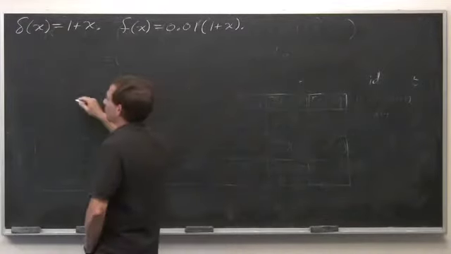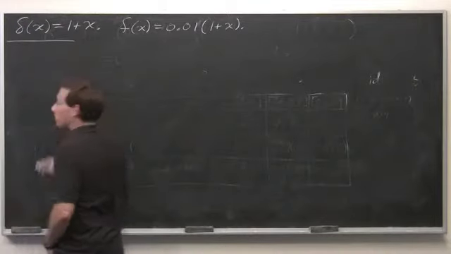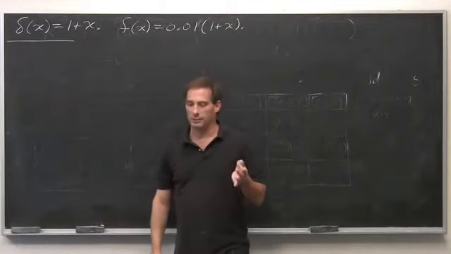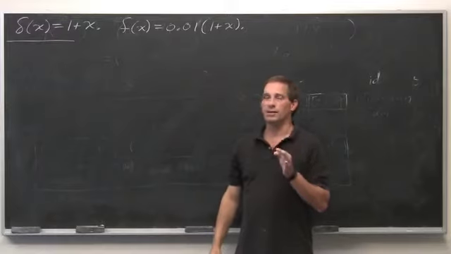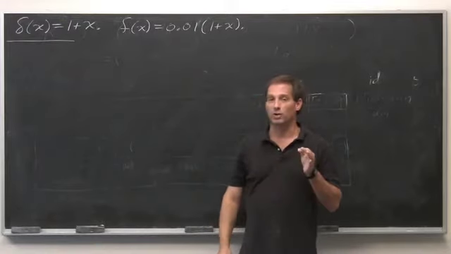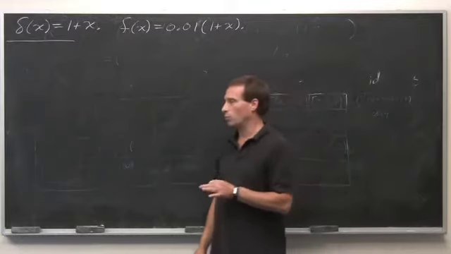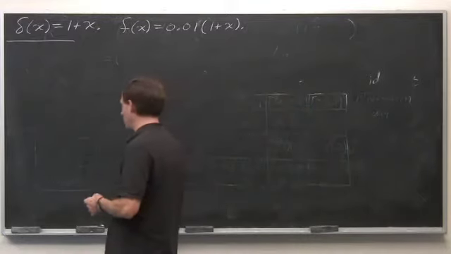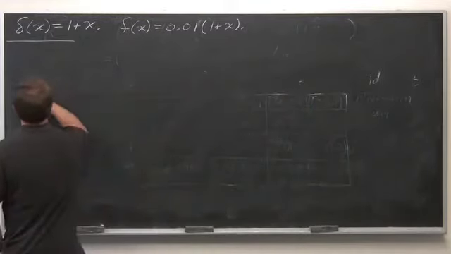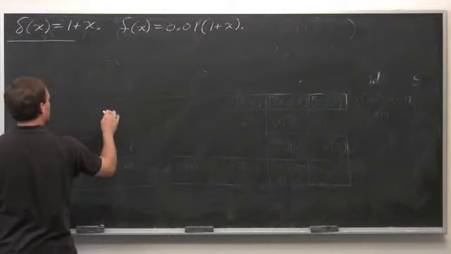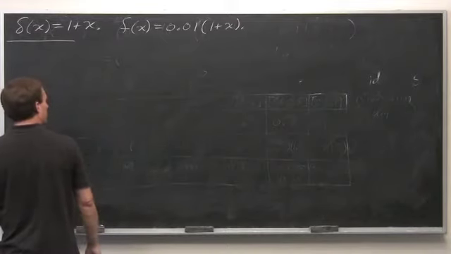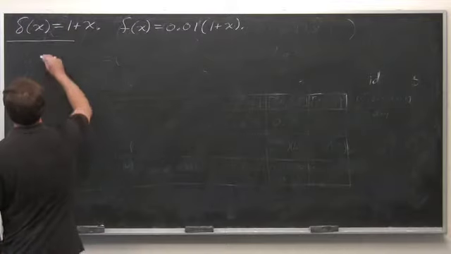But suppose now we take a smaller partition. This is not necessarily a refinement of that partition. We're going to take partitions with smaller and smaller meshes, so the width of the biggest subinterval will get smaller and smaller. But they needn't be refinements of this one exactly, because we don't necessarily include those endpoints.